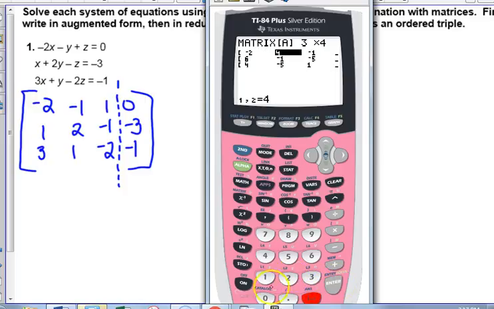Now, I will tell you, if you make a sign mistake or you put a number in the wrong spot, yes, you're going to get totally different answers. So after you get it typed in, I suggest you proofread it before we quit out of this screen. Make sure you hit enter behind every one.